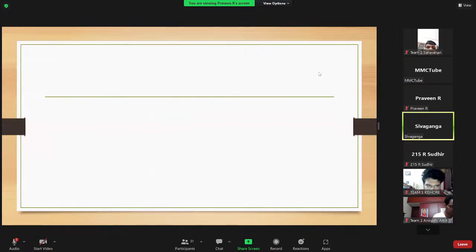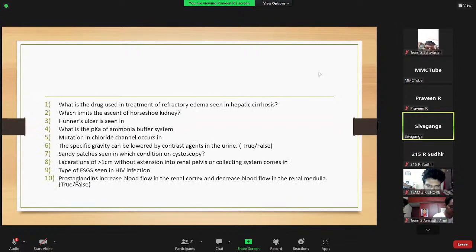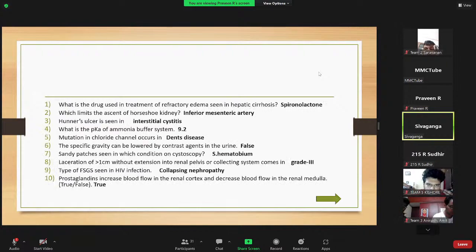Move to the answer slide, Praveen. The first answer is spironolactone. Second one is inferior mesenteric artery, you said right. Third one is interstitial cystitis, right. Fourth one, ammonia buffer system is 9.2. Fifth one is Dent disease, you said correct.